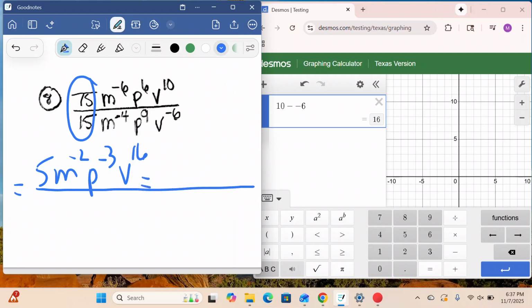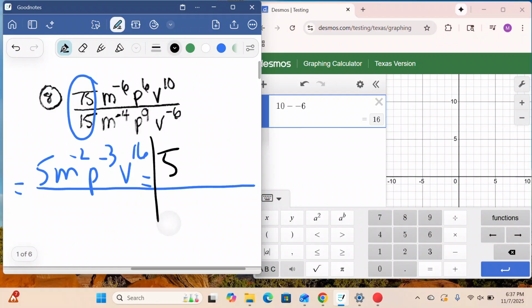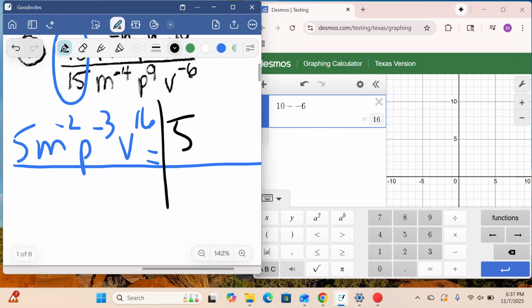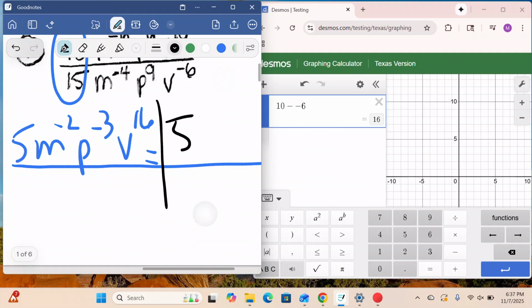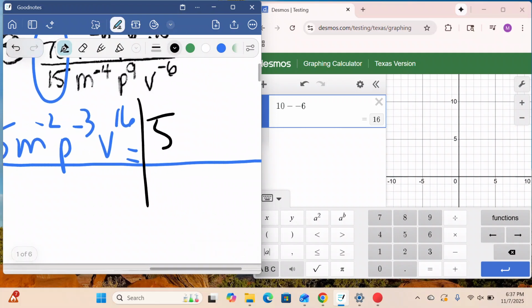So what I'm going to do is put the equal sign. I'm going to go ahead and divide it so I can separate my work. Nothing's going on with the 5. 5 likes being alone, so he's going to be put right there. Then the m to the negative 2, there's an issue with m to the negative 2 because we cannot have a negative exponent. So how do I get rid of m to the negative 2? I throw it to the denominator and it becomes positive because technically you are multiplying by the reciprocal.